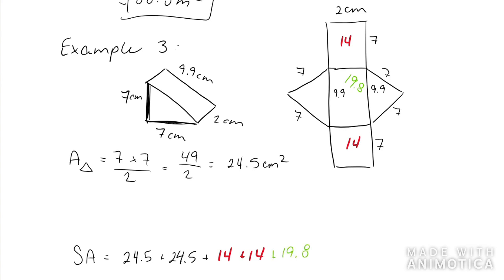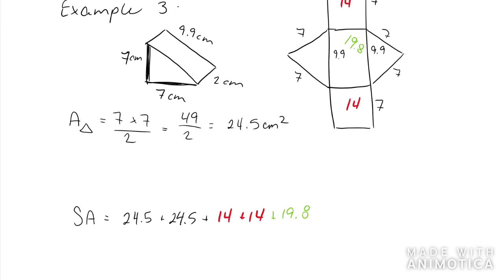So as you can see, because our triangle wasn't equilateral this time, we actually had rectangles that had different areas.